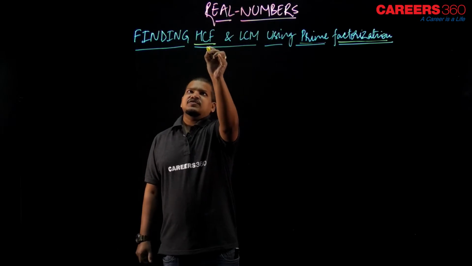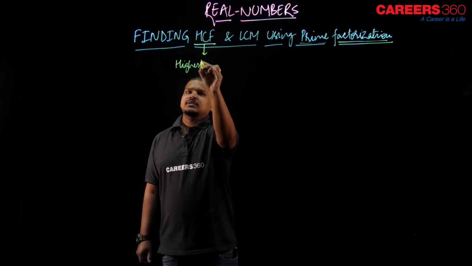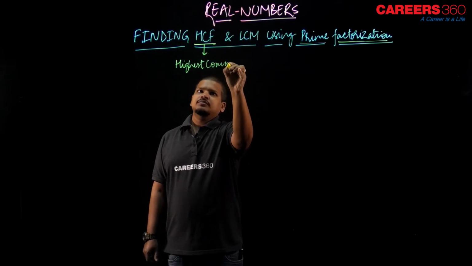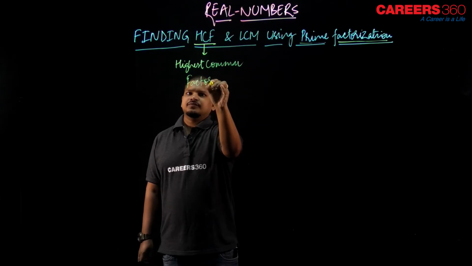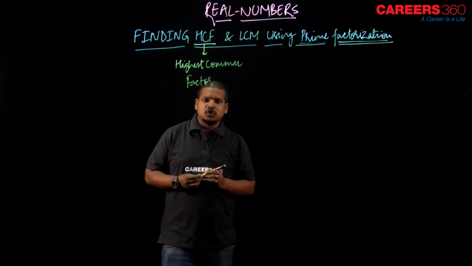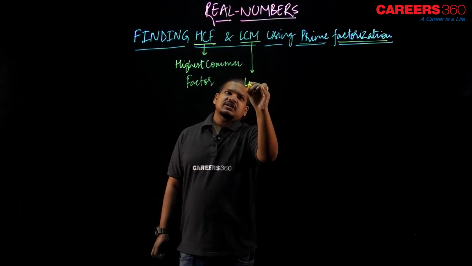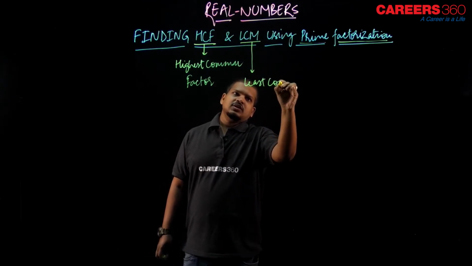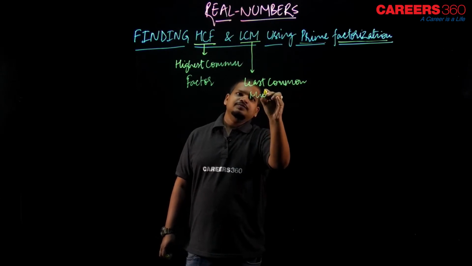As the definition says, HCF is highest common factor, and LCM is least common multiple.